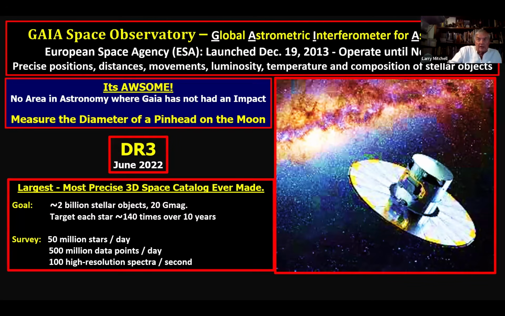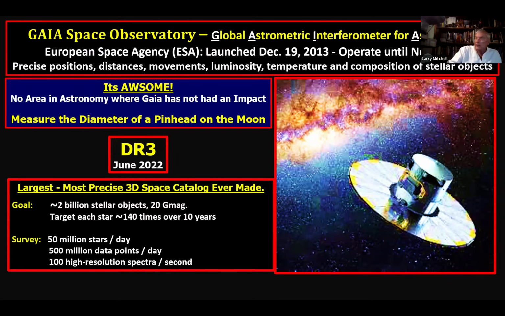We've never seen that kind of accuracy before. In the past, we had to resort to photographs: where a star was in 1954, where a star was on a photograph in 1964, and so on and so forth. That's very inaccurate. This is extremely accurate, to a level that we've never imagined before.